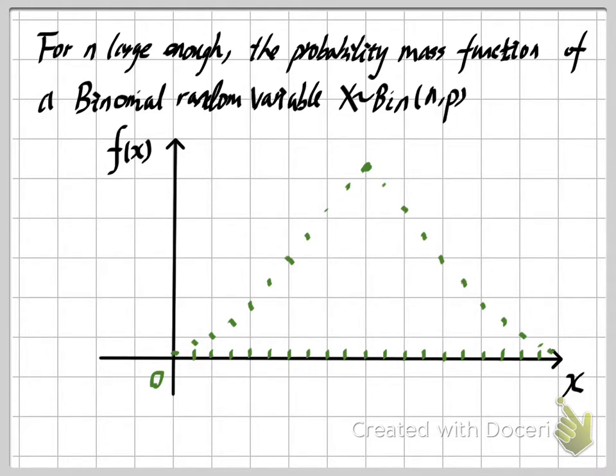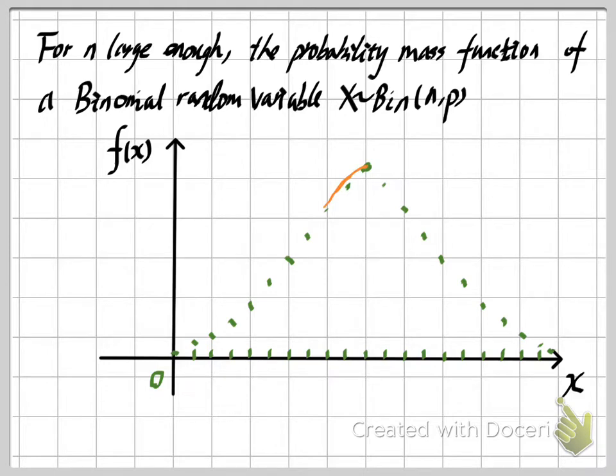If you compare this with the bell shape of a normal random variable, you can see that when we link all of the green points, this looks a little similar to the bell shape graph for a normal random variable.